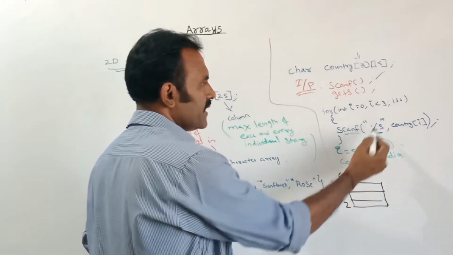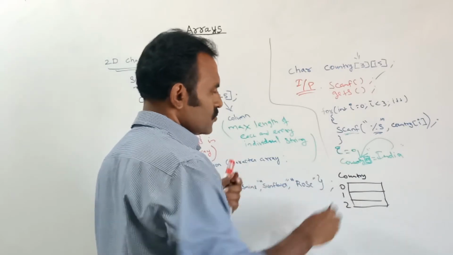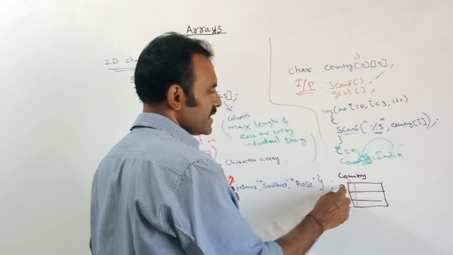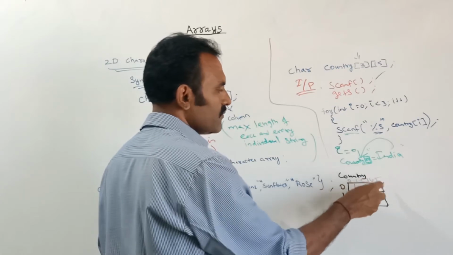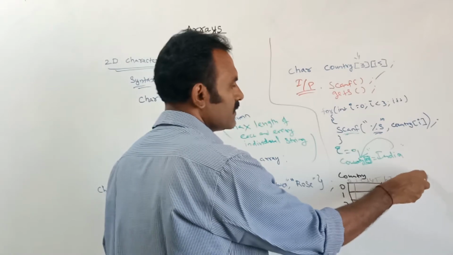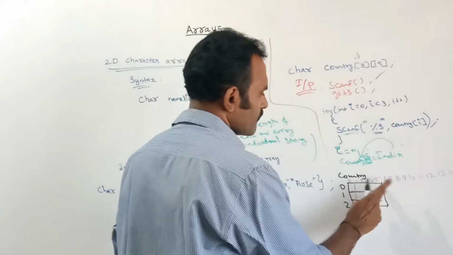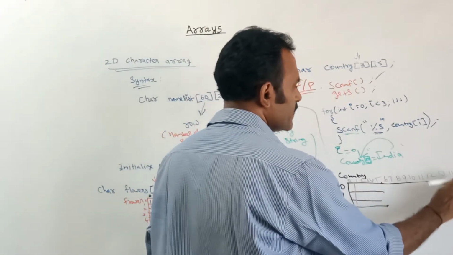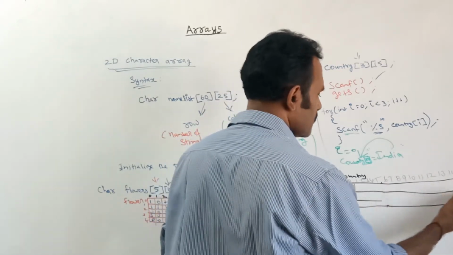Each and every country can have a maximum size of about 15 letters. The column value also starts from 0, this is the length of the string for each and every string: 0, 1, 2, up to 14, that means 15 columns.